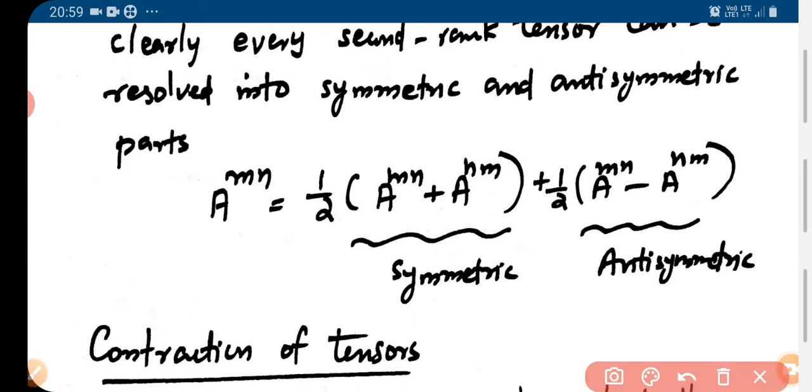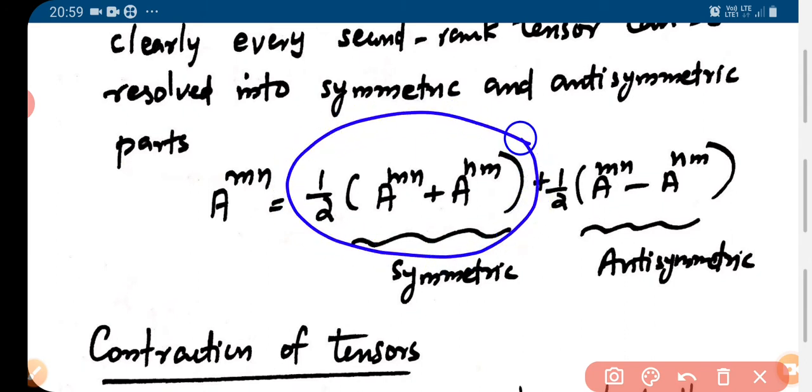This first part is actually symmetric. Why do we say it is symmetric? Because if we interchange the indices, you get the same one because of the plus sign. If you put n here and m there, that is interchanging the indices, and you get the same tensor.